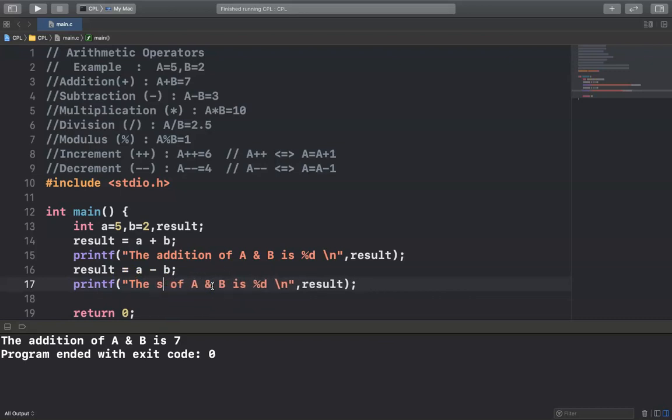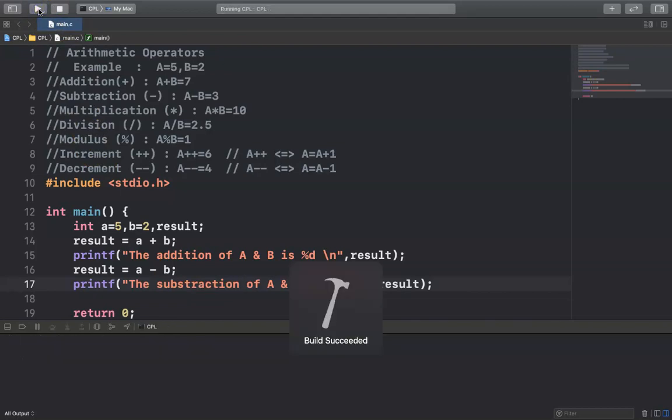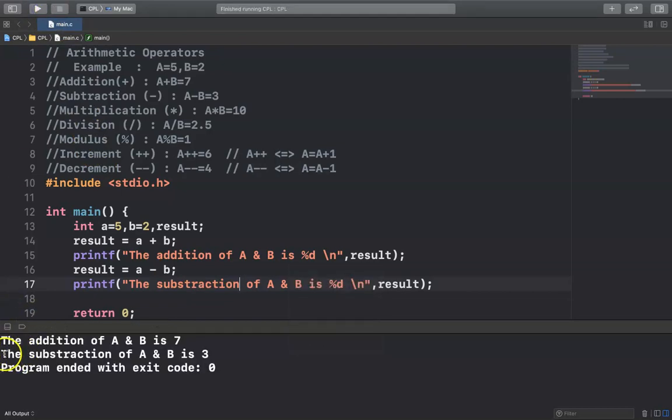The subtraction of A and B is, let me run it. You see, the subtraction of A and B is 3.